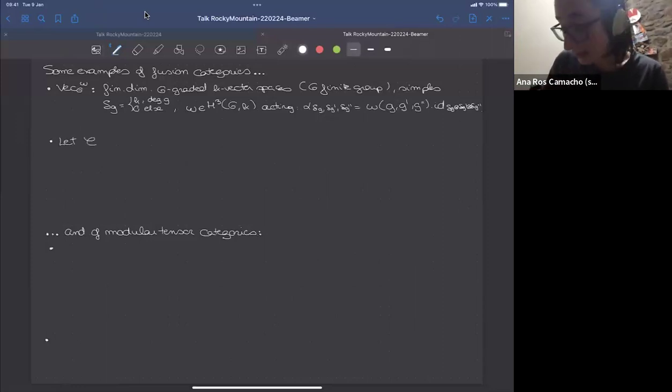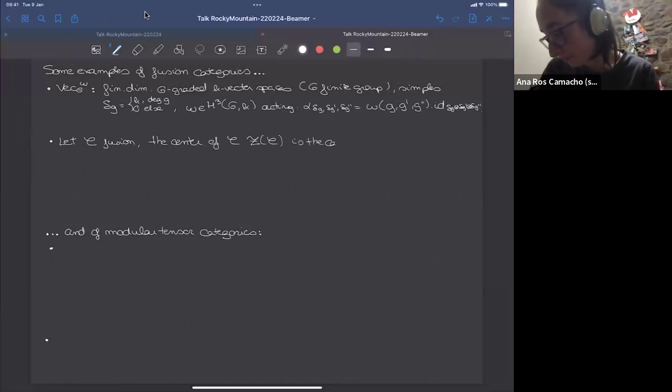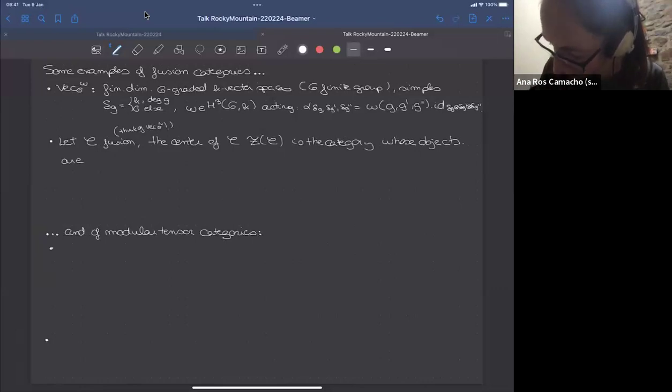So let me take C. If you have C fusion, you can define the center of C, curly Z of C. This is the category whose objects are given by pairs, think of them as pairs (C, gamma).